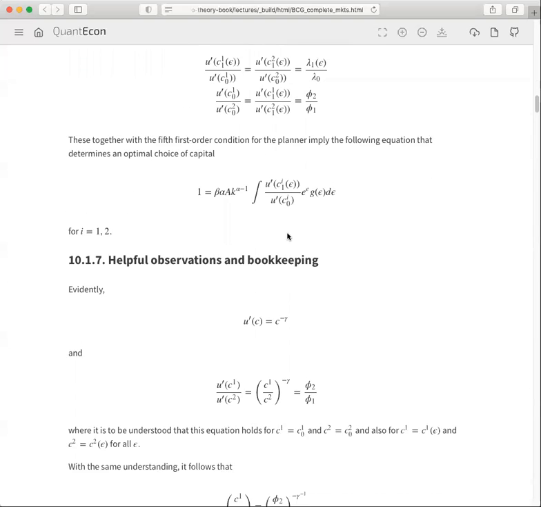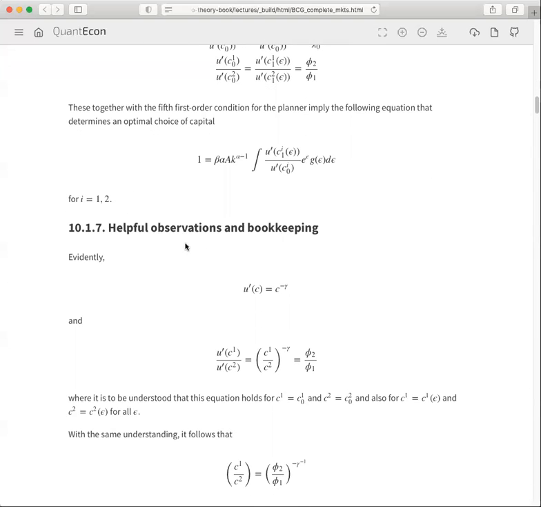So let's do some bookkeeping. My marginal utility of consumption is equal to consumption to the power minus gamma, so that the ratio of marginal utilities of consumption is just going to be equal to C1 over C2 to the minus gamma. It's a ratio of the Pareto weights.